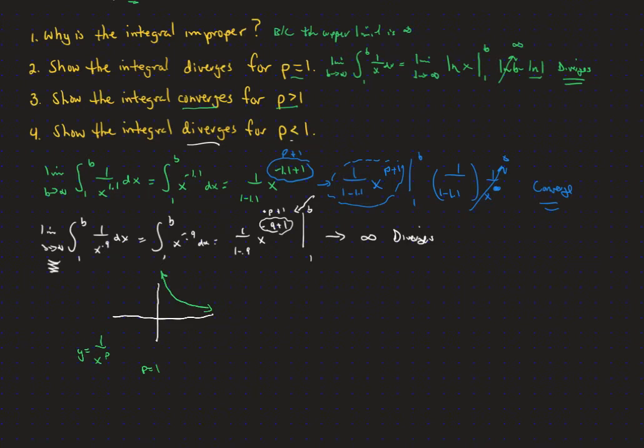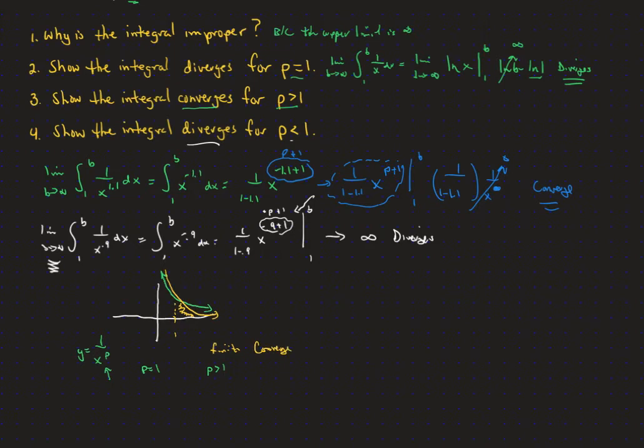For any values of p that are bigger than 1, remember, that means the exponent in the denominator is bigger than an x to the first, so 1 over x to the second, 1 over x to the third, 1 over x to the fifth, all of those are going to approach the x-axis fast enough that the area between the curve and the x-axis is going to be finite, and that means that integral is going to converge.